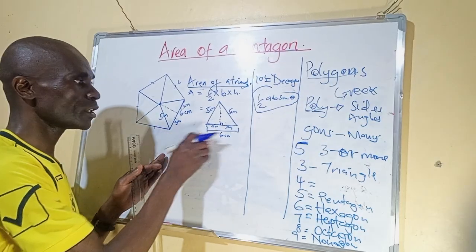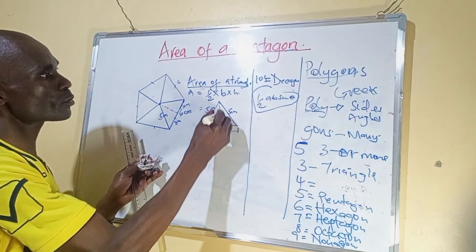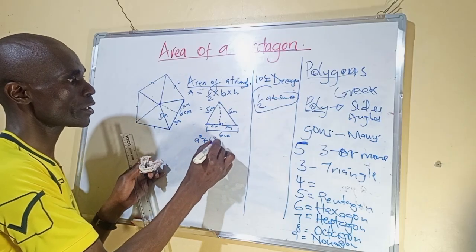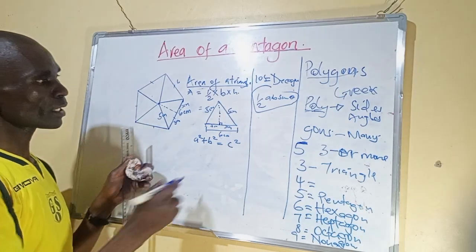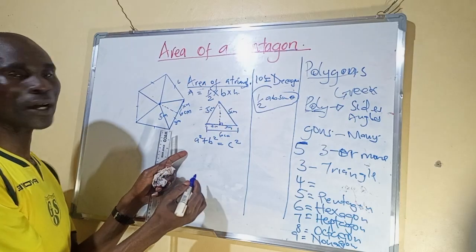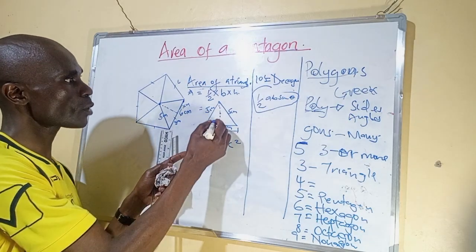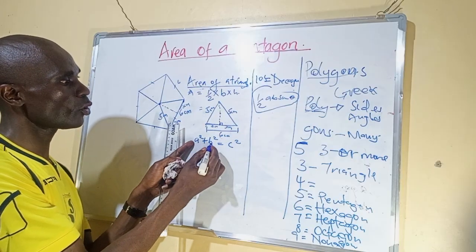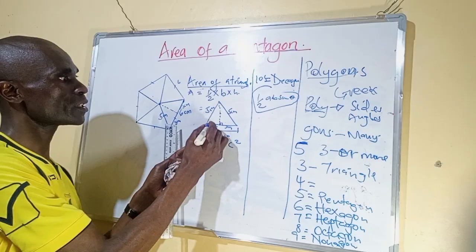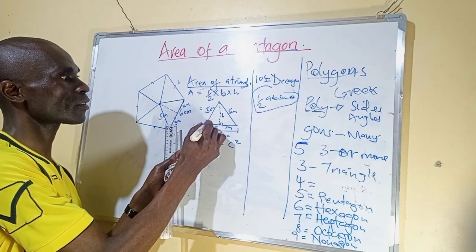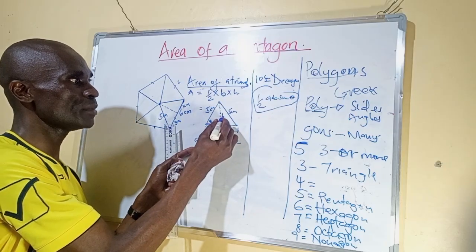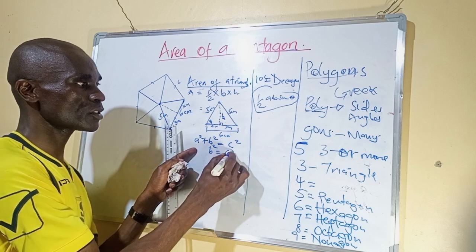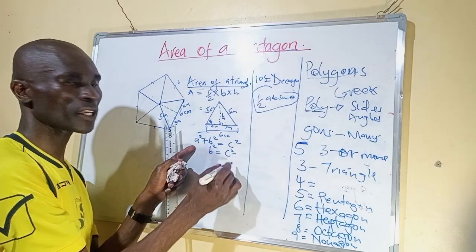Now maybe somebody is feeling confused here. We said for us to get this height, we shall have a squared plus b squared equals c squared. Now, our C here is this 5. So this is our C, this is our A, this is our B. So for us to have B, we shall have B squared is given by C squared minus A squared, where A squared is taken to the other side.